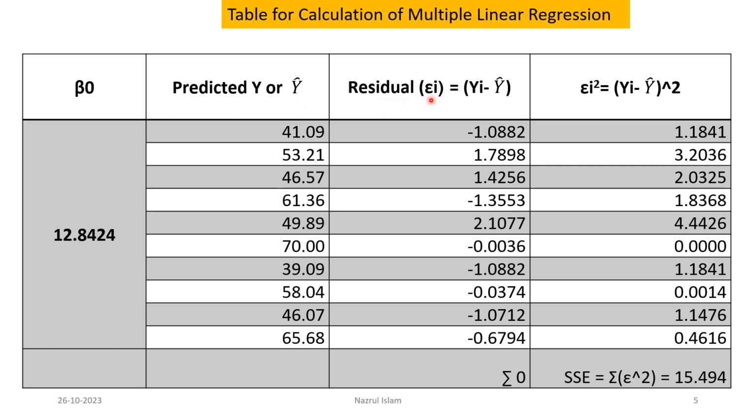It is called the error term, and it is determined by yi minus hat y, and we will get this data. Then we will determine epsilon square, that is residual square, and we will get the sum of epsilon square as 15.494. It is called the sum squared error.